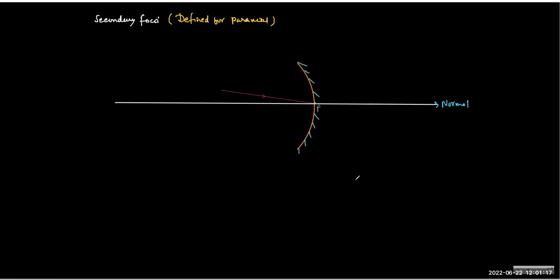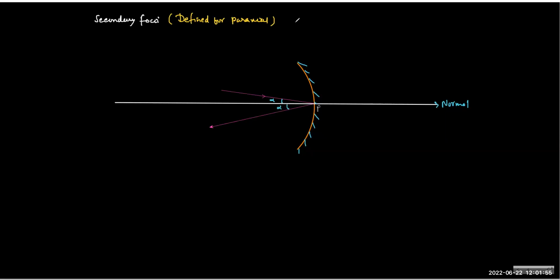And if this is normal, then this is the angle of incidence. Let's call it alpha. So what will be the angle of reflection? The angle of reflection will be the same alpha. If alpha is the angle of incidence, then alpha will be the angle of reflection. Is this clear, guys?